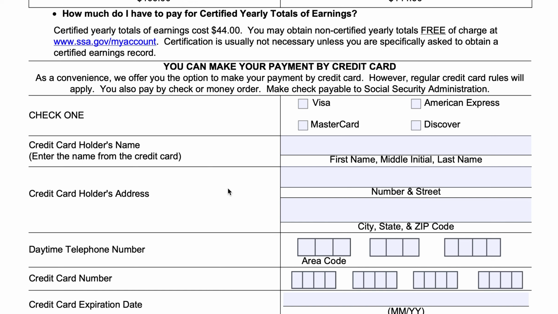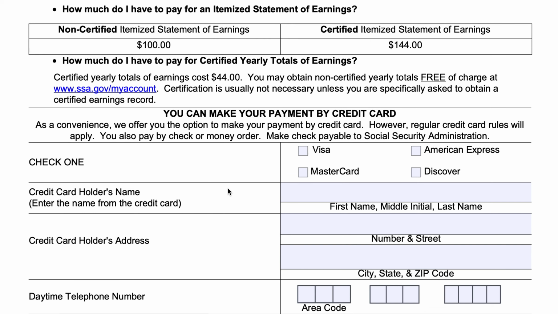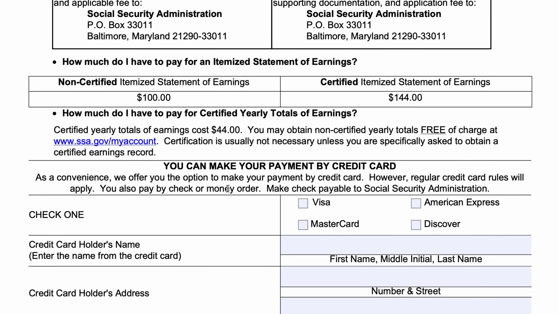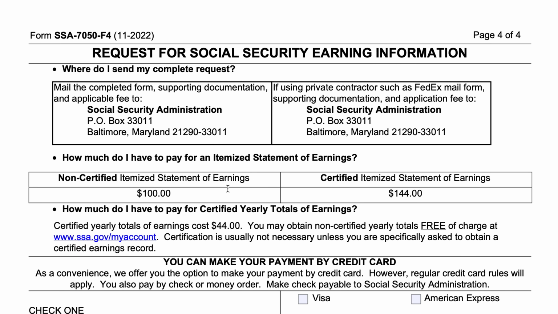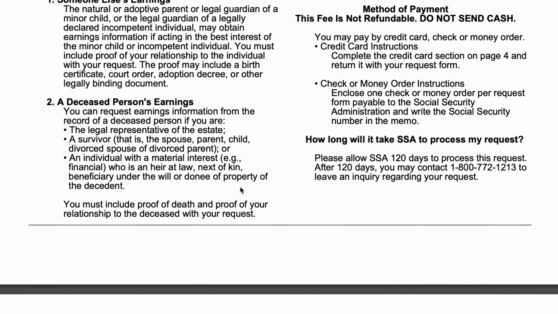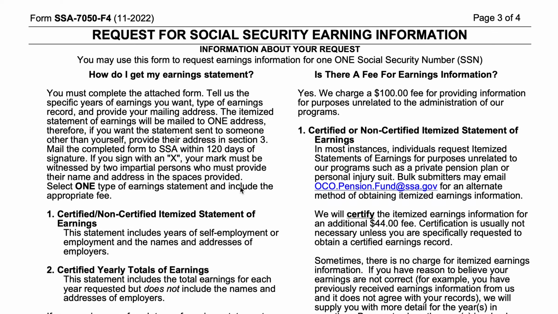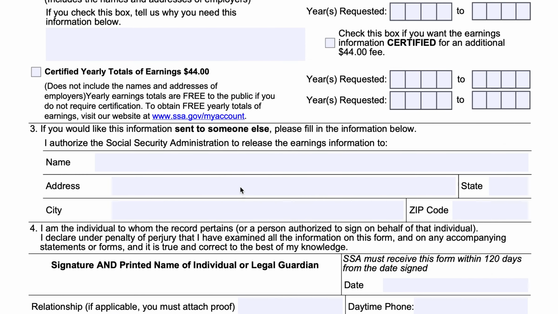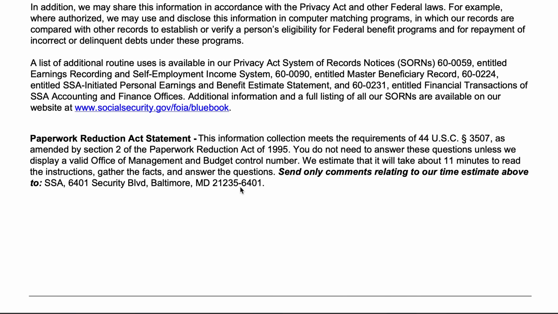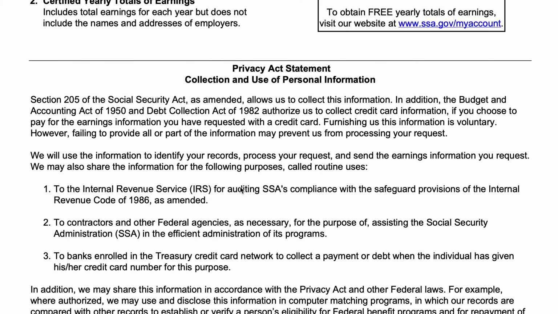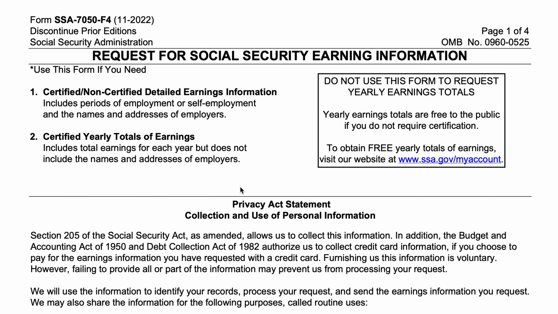You should be very careful in doing this. This is the exact same form. You can set up an appointment to complete it in person in front of a Social Security Administration employee, and you can also write a check to avoid having so much personally identifiable information floating around in the mail.